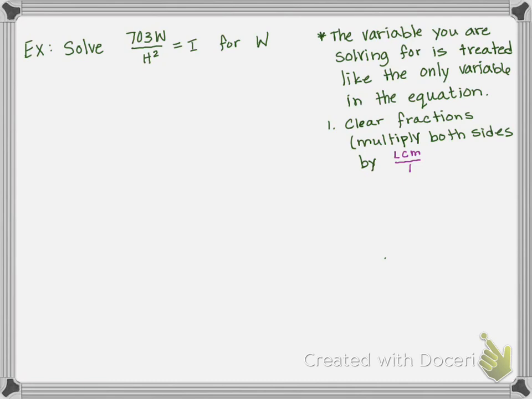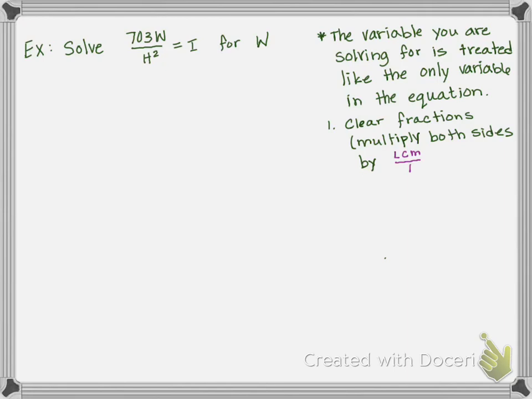We don't have to worry about restricted values here, because we're not actually getting a value for our variable. So when we solve for w, we're not going to get w equals 9 or w equals whatever. Since we're not ending up with something that w is supposed to be equal to, we have nothing to compare to our restricted values anyway. So they don't really serve a purpose here because we're not actually solving for a number. We're just rearranging the formula.